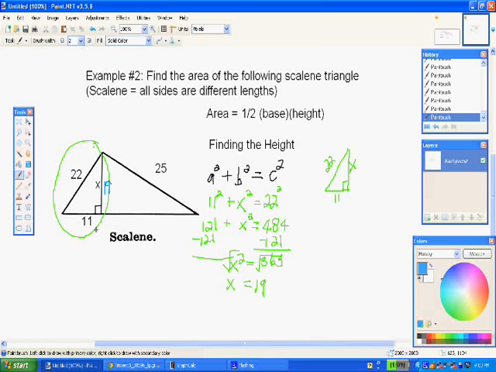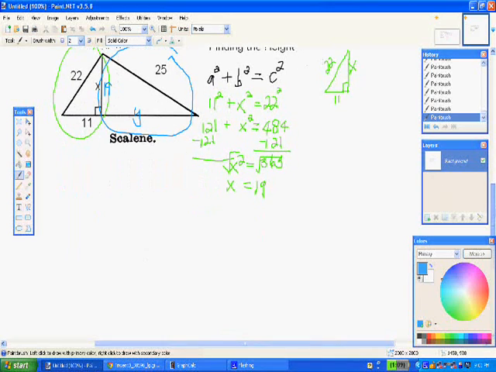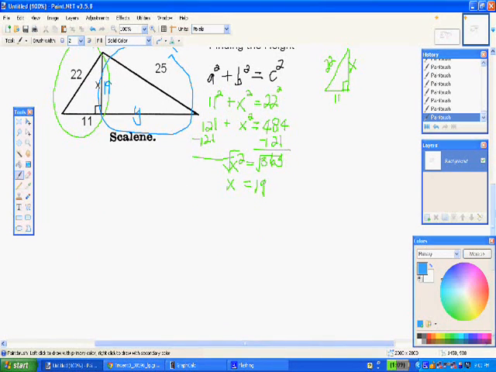And now we need to find the rest of this base right here. I'm going to represent the rest of the base with the letter y. And we're going to now have to find all the sides of this triangle right here. And we're going to use the Pythagorean theorem again. Alright, so here we go.